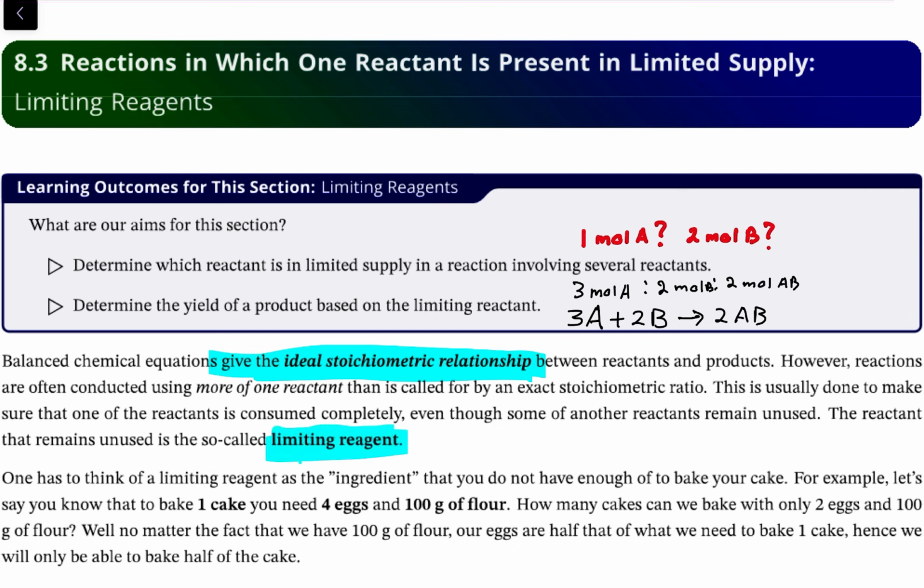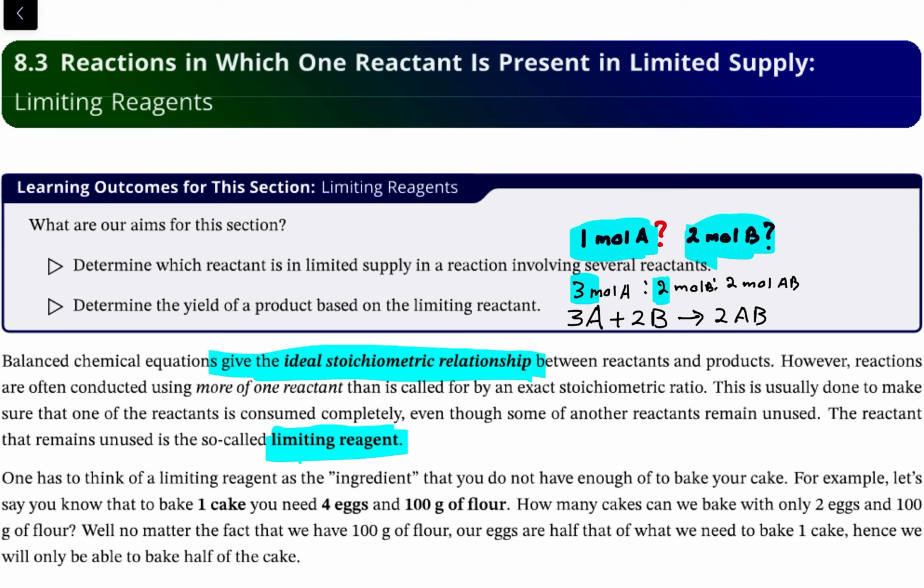It's limiting the reaction, meaning that you can clearly see here that there is not enough of A to react with all of B, because we need at least 3 moles of A to react with 2 mole of B. That's what our chemical reaction tells us, right?